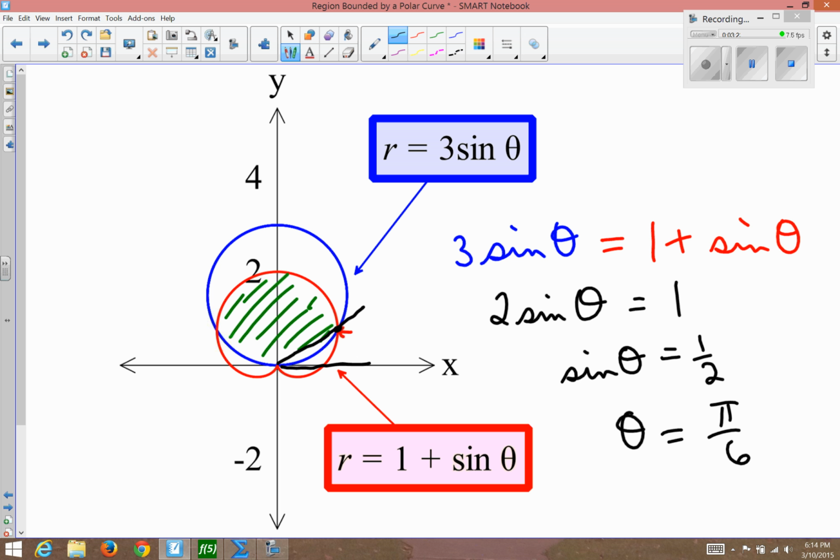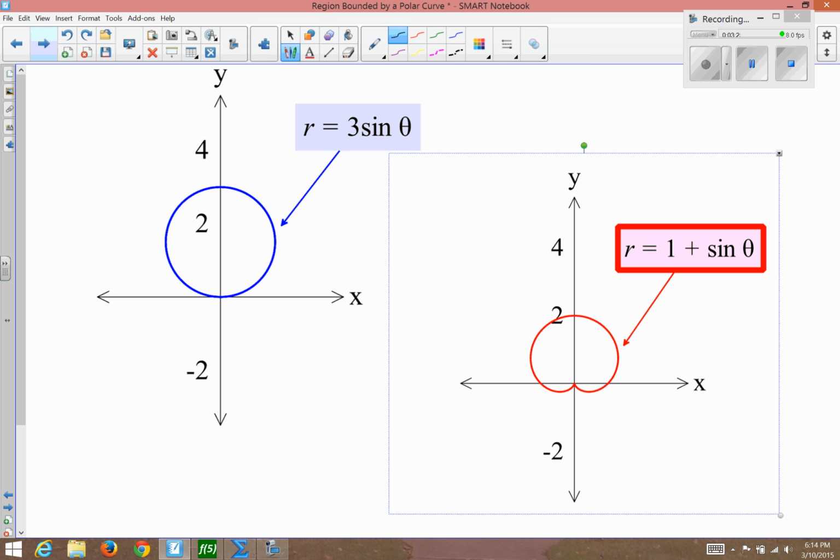So the strategy here is going to be, we're going to find the area inside the circle from theta equals 0 to theta equals pi over 6, because this circle is swept out going from theta equals 0 up to where the intersection point was.